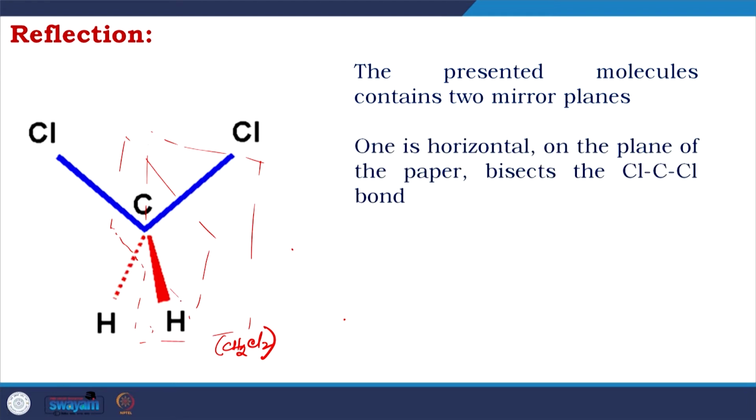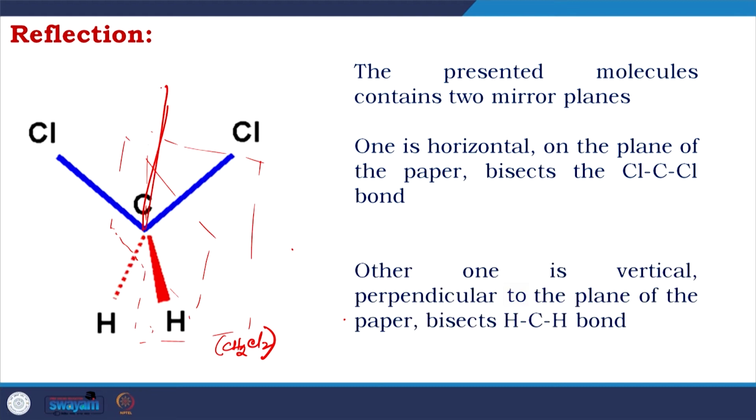So, one is horizontal, on the plane of the paper, and bisects the ClCCl bond. So, it bisects like this. The other one is vertical, perpendicular to the plane of the paper, and bisects the HCH bond.